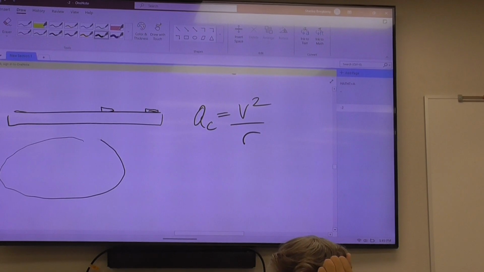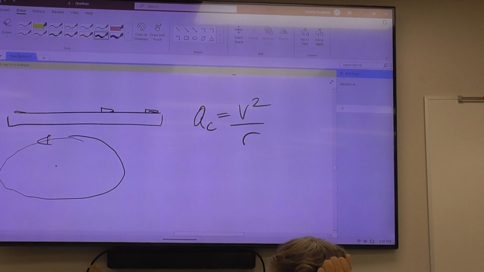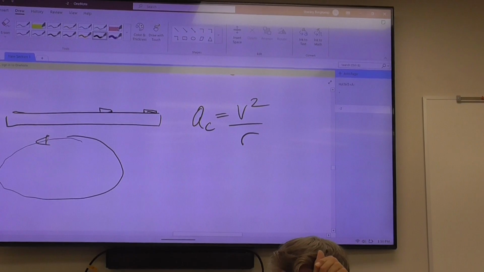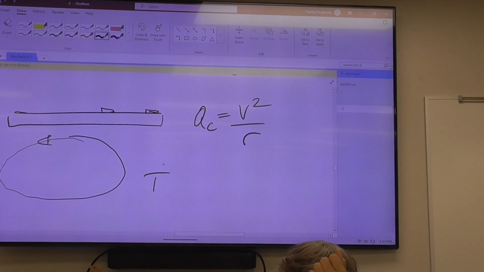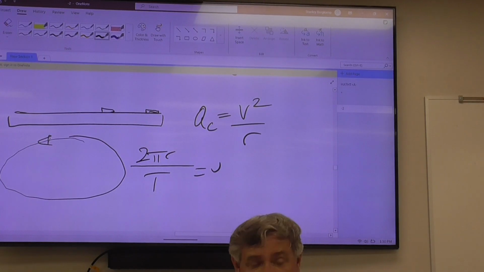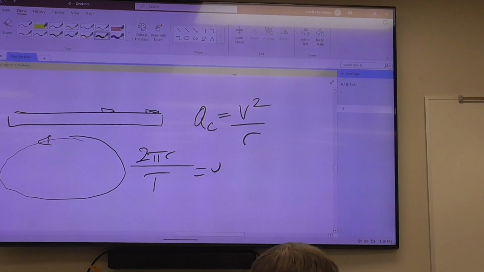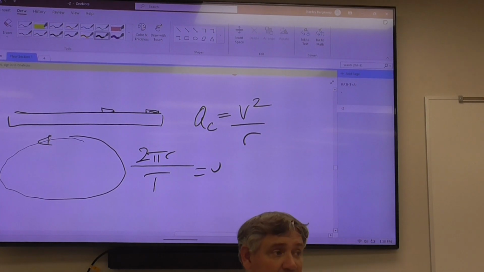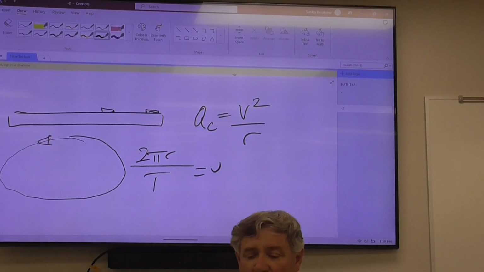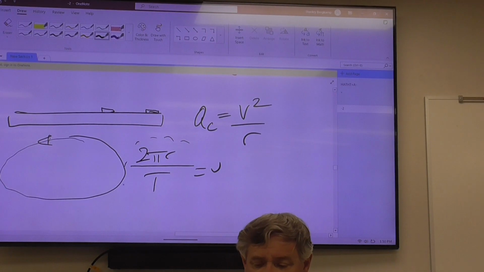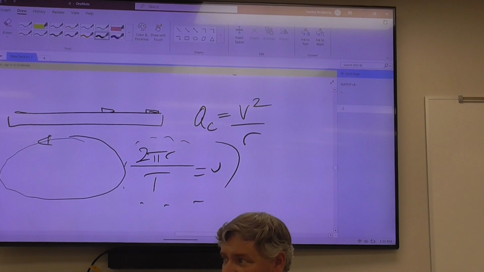However, as that rubber stopper was going around, what could you measure? This is a lab that you all did. What could you measure? Period and radius. And you could go, oh, 2 pi r over t equals velocity, which is just a fancy way of saying distance over time. Okay, that's all it is. But again, this is not on your equation sheet.